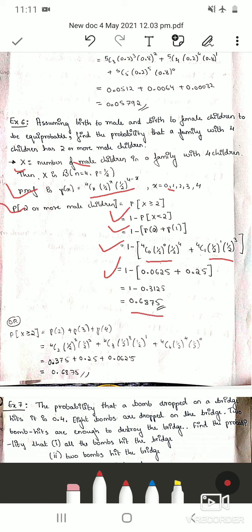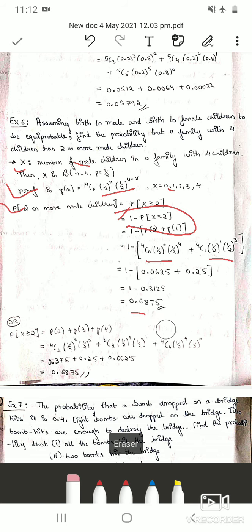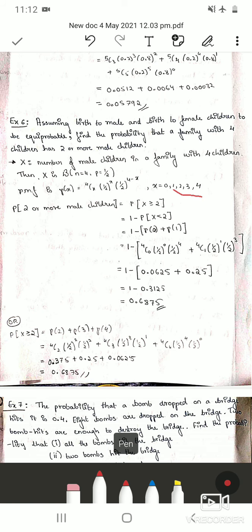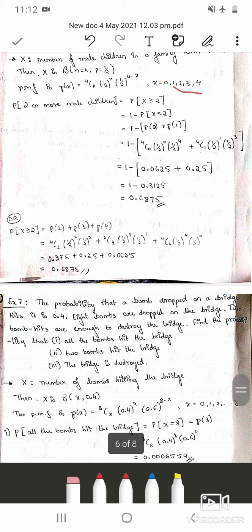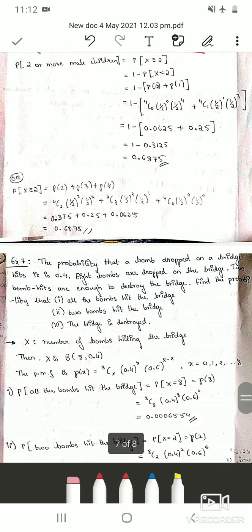Simplifying, the probability of getting 2 or more male children is 0.6875. I have solved it the other way. If you don't want to take the complement, you can solve directly: P of x greater than or equal to 2 means x is 2, 3, 4. Substitute 2, 3 and 4 in place of x and you will get the same answer.